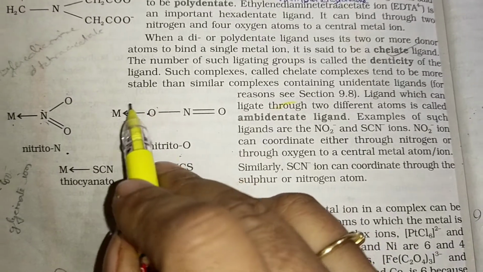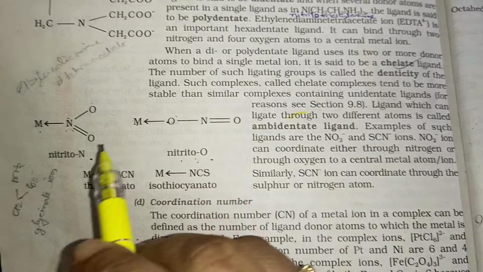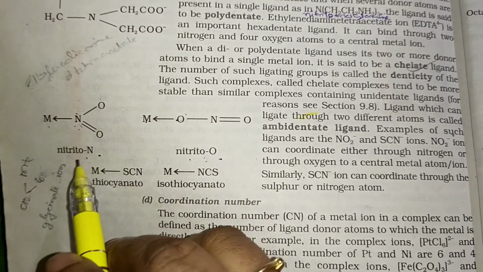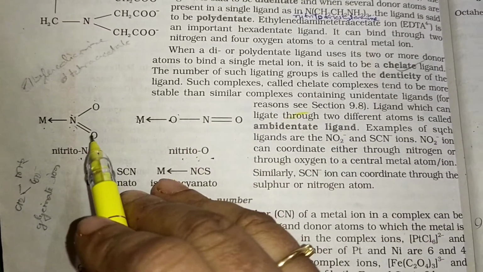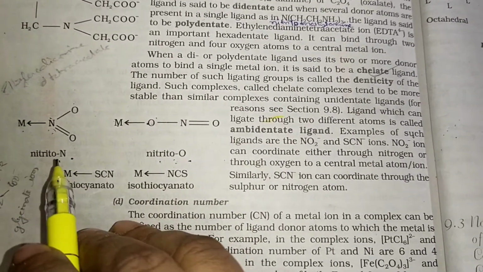So when oxygen is attached with the metal atom, that is called nitrito-O, and when it is attached with nitrogen, that is called nitrito-N. They can attach by 2 different atoms, and that's why it is called an ambidentate ligand.